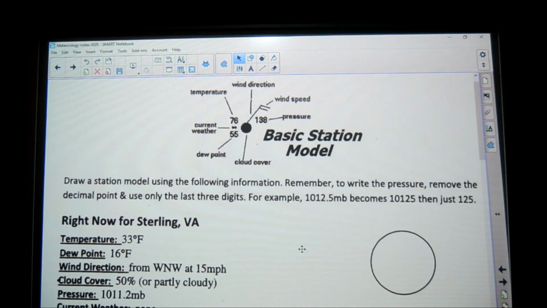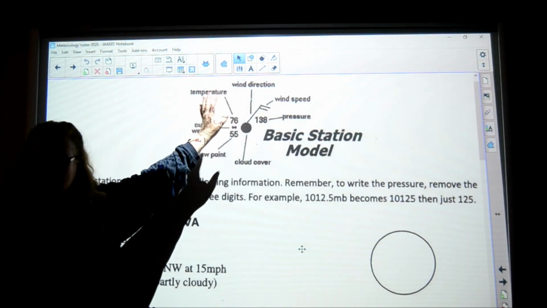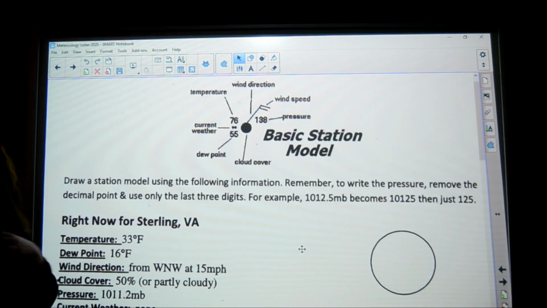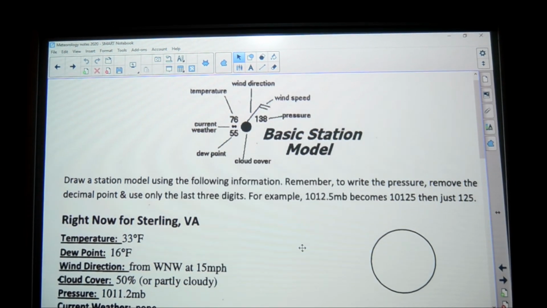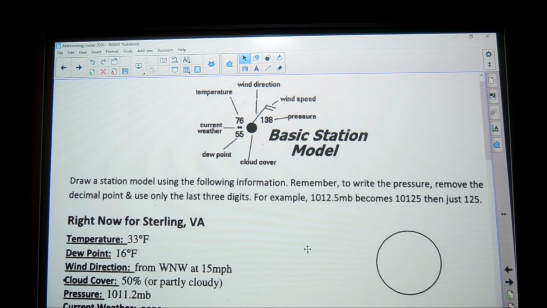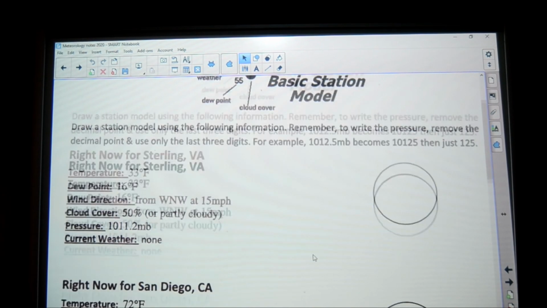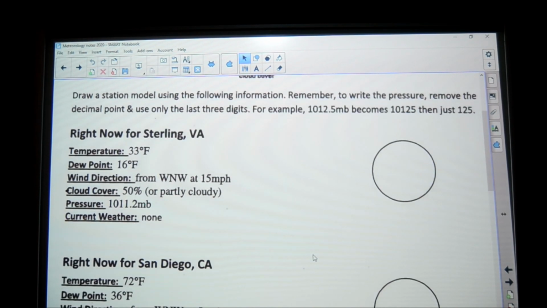All right, on this top page it says draw the station model using the following information. So again, here's their information. I would use your reference table, page 13, as a source. So if I'm looking at Sterling, Virginia, my temperature is 33 degrees Fahrenheit.